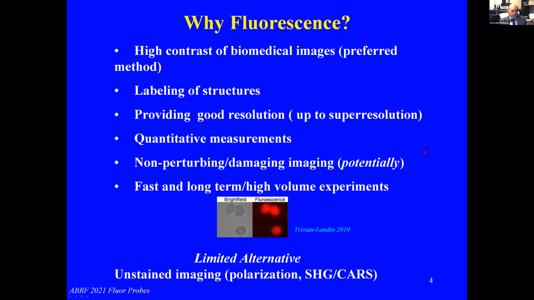Why are we using fluorescence? Though it is relatively old, it was first observed about 150 years ago, by now it is the preferred method for labeling and providing high contrast for biomedical images.